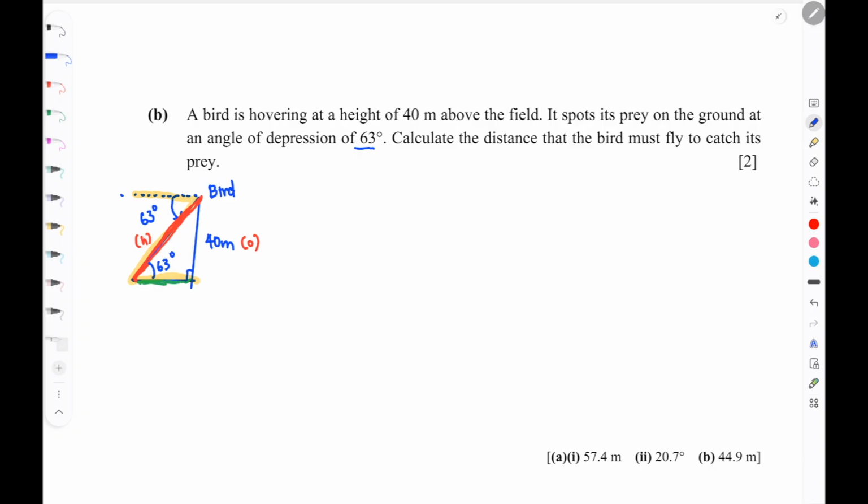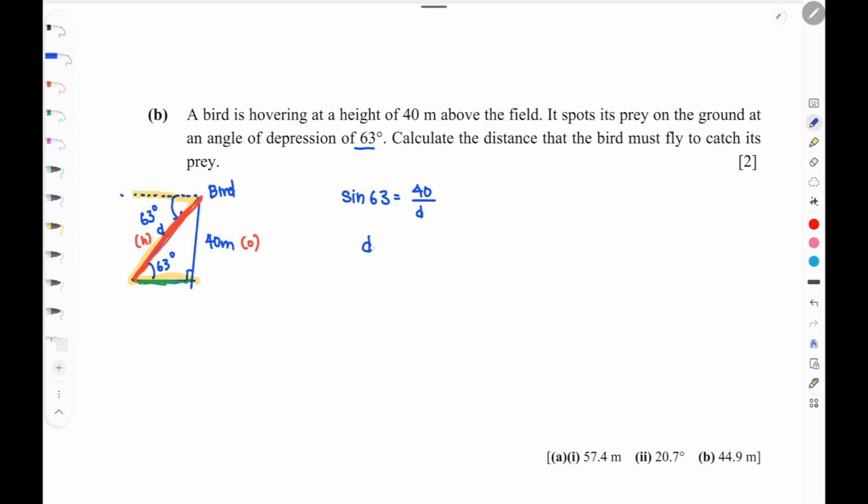Okay, so I let this red color be D, so it's the distance. So I will use sine because I have O and H. So it'll be sine 63 equals O over H, 40 over D.